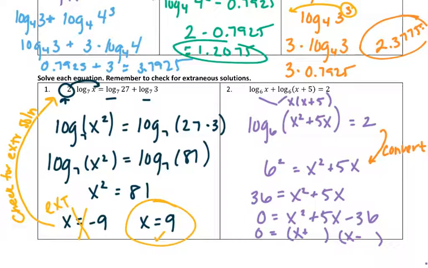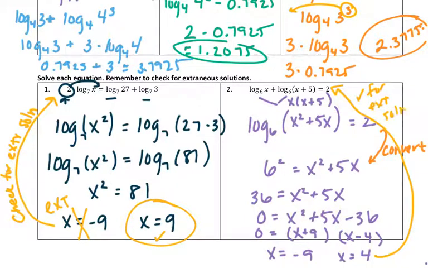Positive 9 minus 4 should work, meaning that x equals negative 9 or x equals positive 4. Now remember, again, you're going to have to take that back up to the original up here to check for extraneous solutions again.